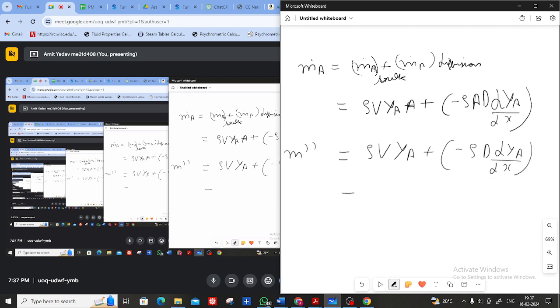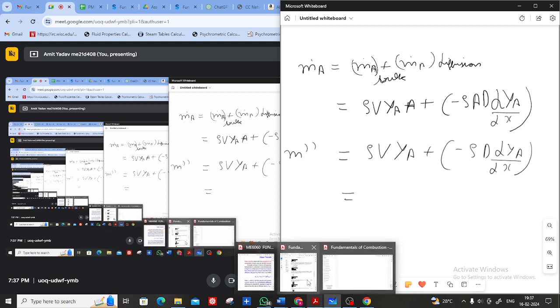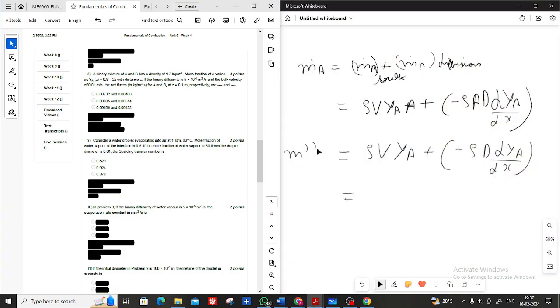Now what they have given, they are asking for the mass flux at z equal to 0.1. So we have Ya and we have V. What is the information that we have?